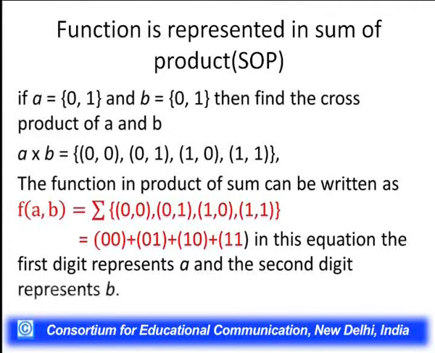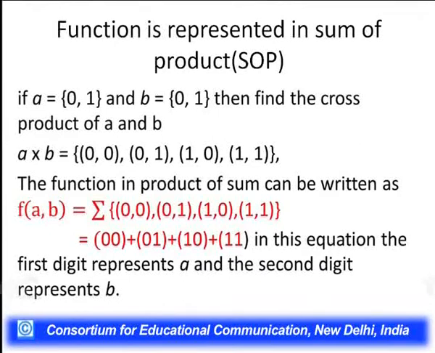So this is the cross product of a and b. The function in sum of products can be written as f(a, b) equal to summation {(0,0), (0,1), (1,0), (1,1)}.